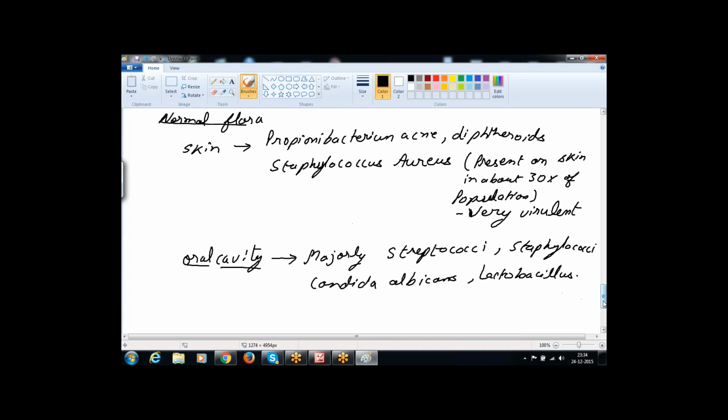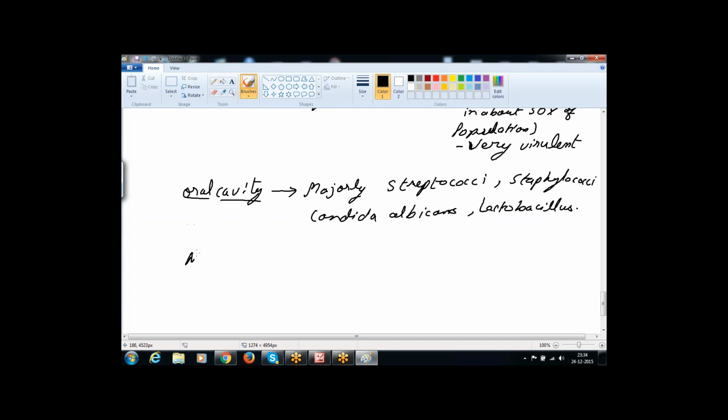The nasopharynx has very little microbes. Streptococcus pneumoniae and Neisseria are commonly there.